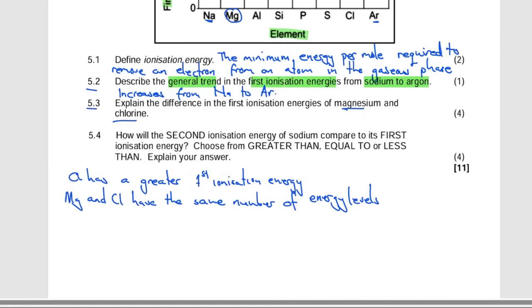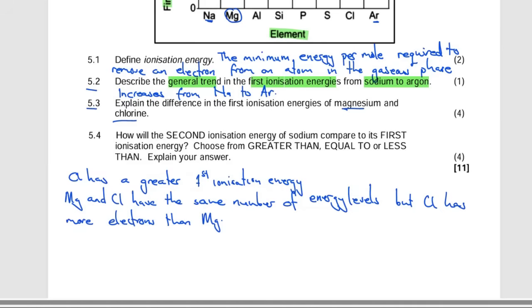But Cl has more electrons than Mg, our magnesium.